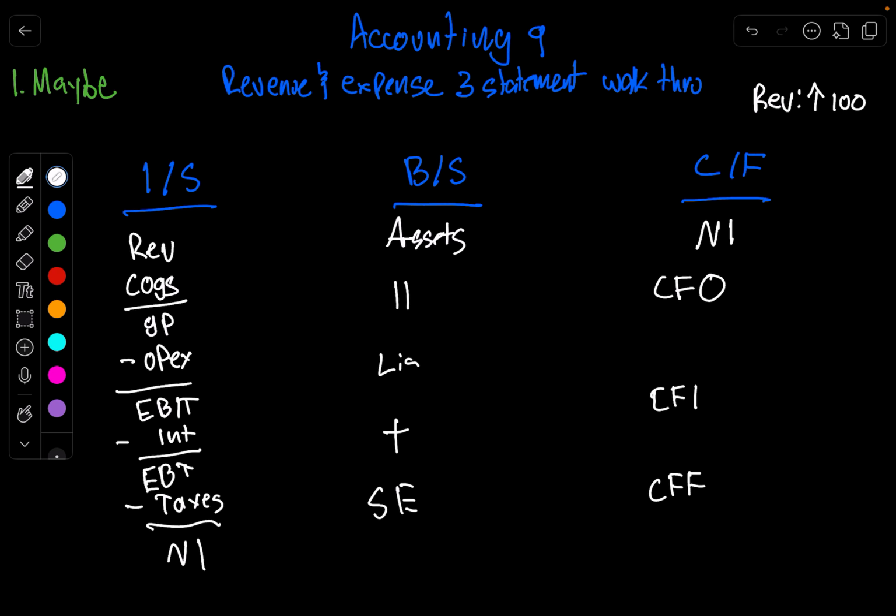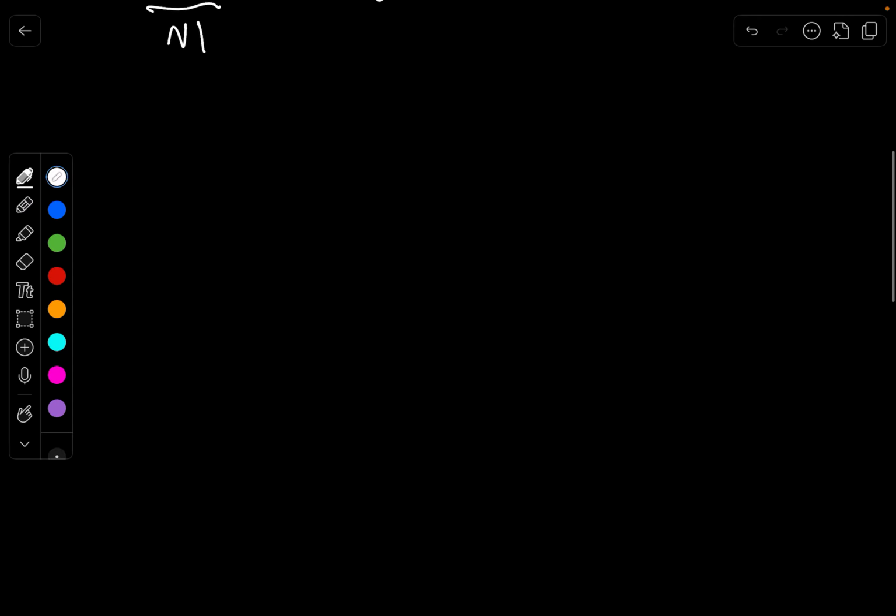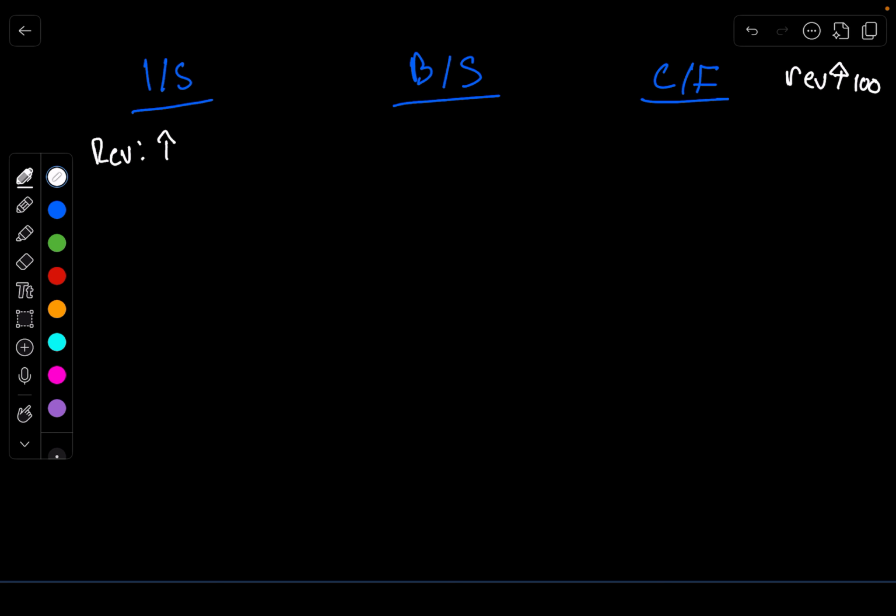So let's hop into an example of what happens when revenue increases by 100, right? So let's work on a clean slate here, right? So we have our income statement, we have our balance sheet, and we have our cash flow statement, right? And what we're saying is that revenue is going to increase by 100. Well, if revenue increases by 100, then obviously our revenue line item on our income statement is going to increase by 100, right?